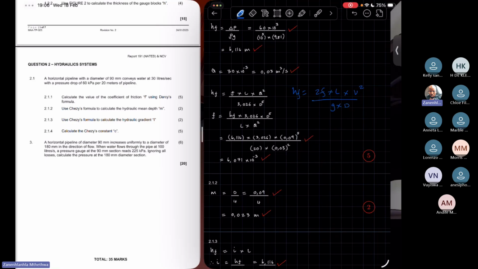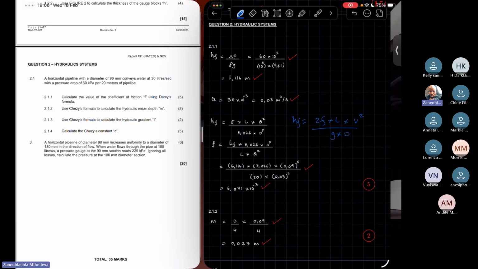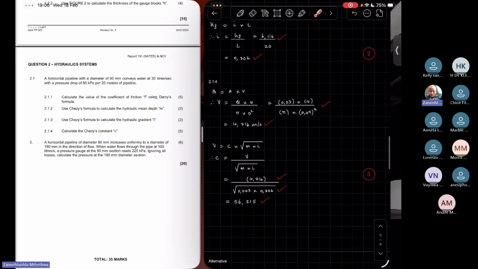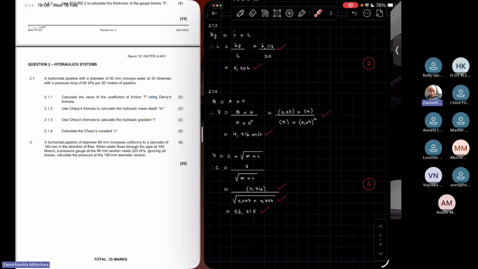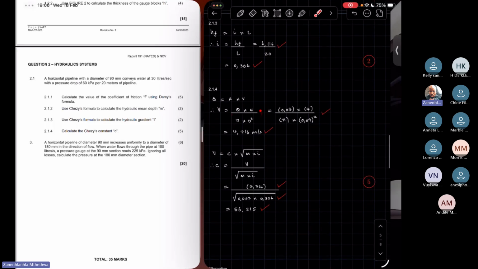Okay, so just substitute. So you calculated your velocity here. And what did you get? Is it anywhere close to this one? You said you got 4,712, something like that. All right, so you got 7,712 because you calculated the area instead of substituting like this.